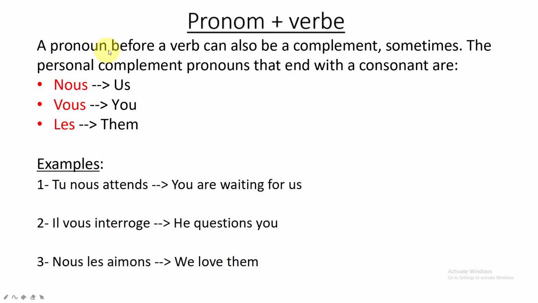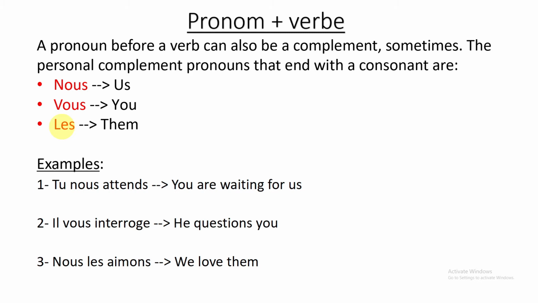So, a pronoun before a verb can also be a complement sometimes. The personal complement pronouns that end with a consonant are nous, vous, and les. So if you are not getting what is a complement, please check on the top right corner of your screen, so you'll be able to understand the COD and COI pronoun.